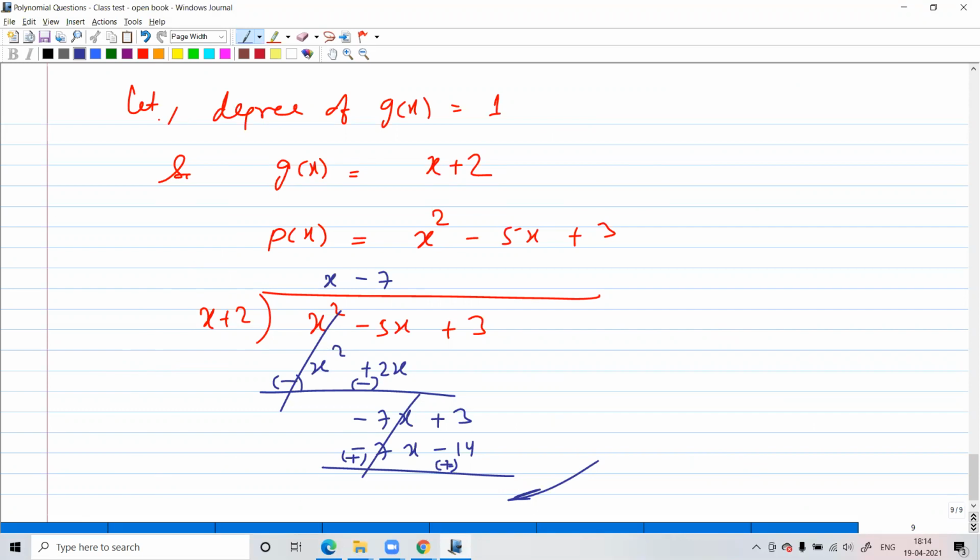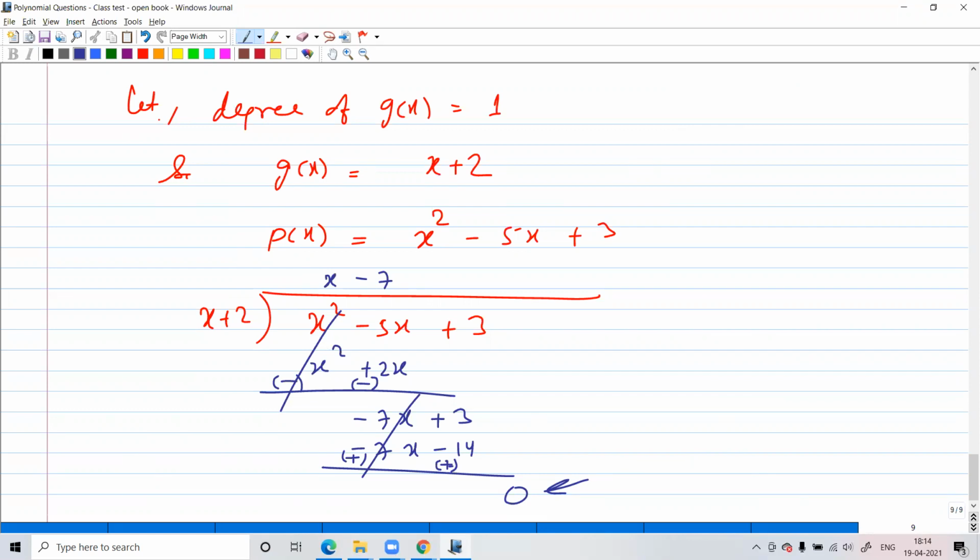The remainder can be 0 also sometimes. If you pick an example which is exactly a factor of this, you may get a remainder 0, but try to avoid that, because if you get a remainder 0, then this will become a 0 polynomial. And for the 0 polynomial, the degree is not 0, remember. What is the degree of a 0 polynomial? Does anybody remember?